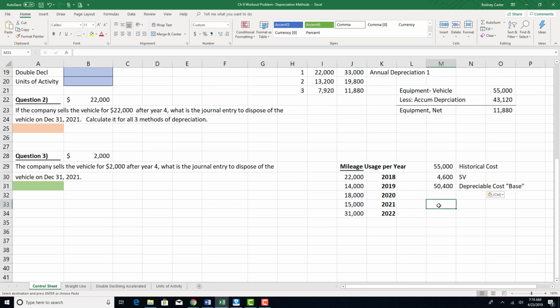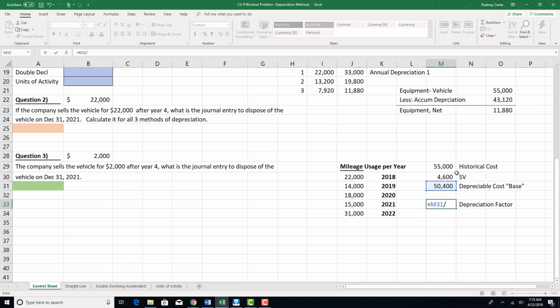So what we're going to do now is our depreciation base is going to be 50,400, because we do deduct salvage value, because we want the asset to be 4,600 at the end of its useful life, because that's what we believe we can salvage.